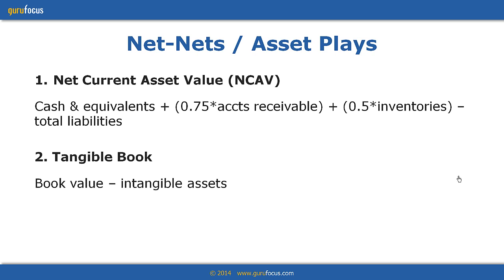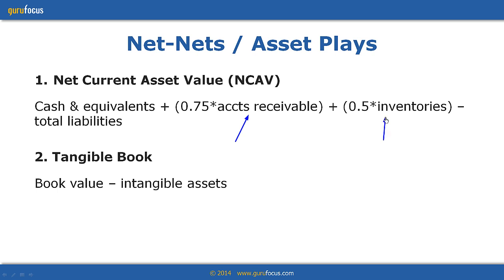And then the second component of that, which is book value, right? And this is essentially tangible book, which is another valuation model to do. It's very similar to this, but it doesn't take quite as severe of a haircut. So it just removes the intangible assets from book value. It gives you full value of accounts receivable.